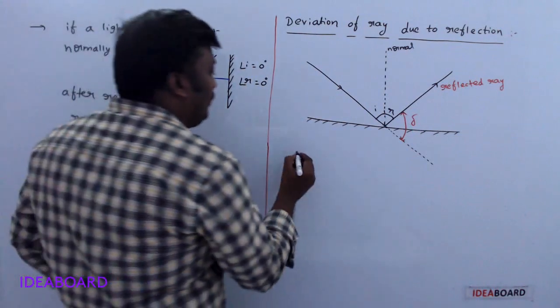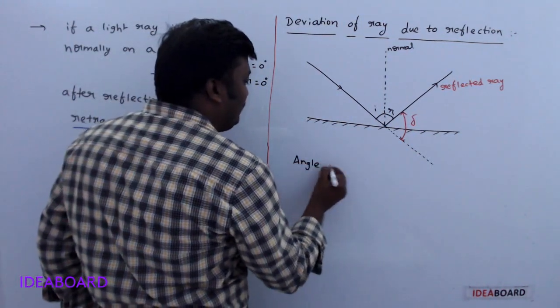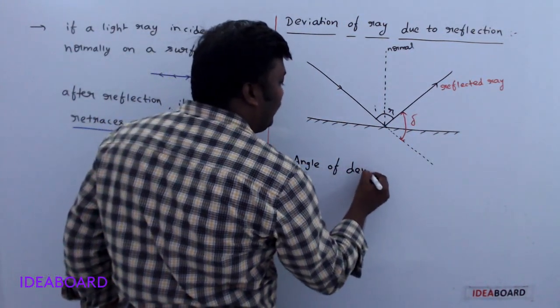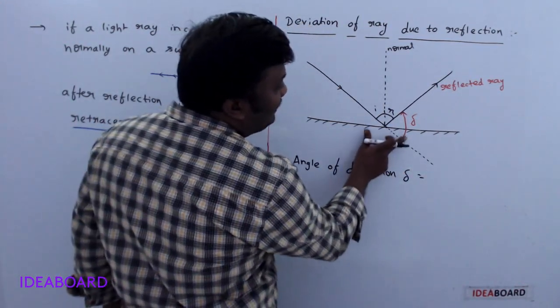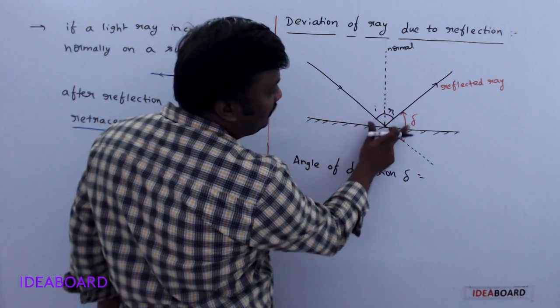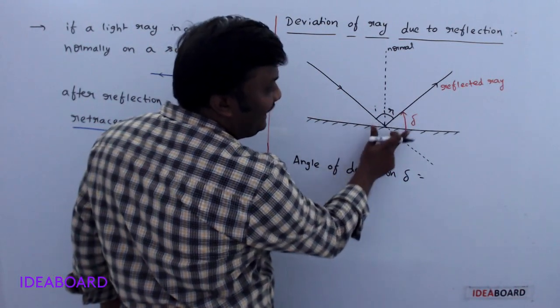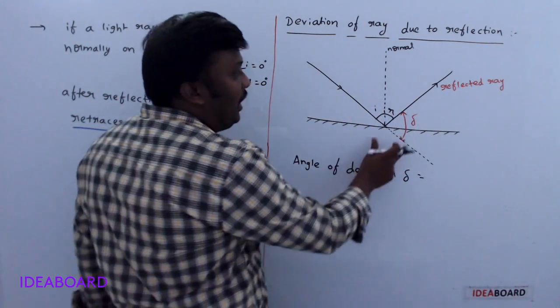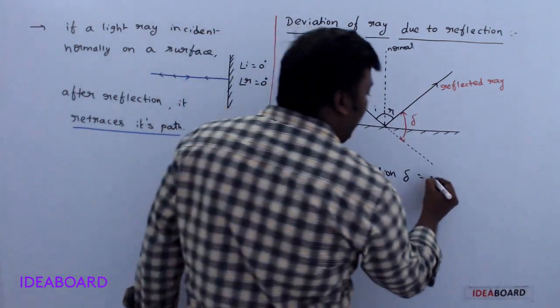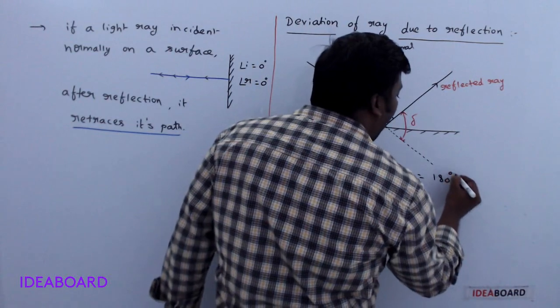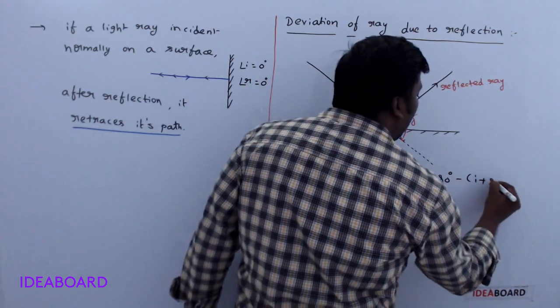So what is the value of angle of deviation? Angle of deviation delta is equal to, what is the total angle here? This is 180. Out of 180, this is I and this is R. That's why delta value is 180 minus (I plus R).